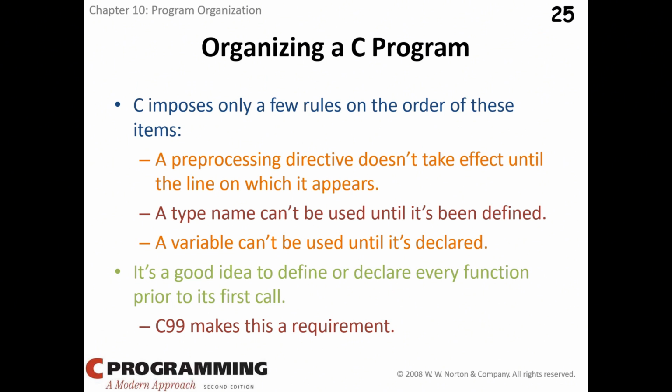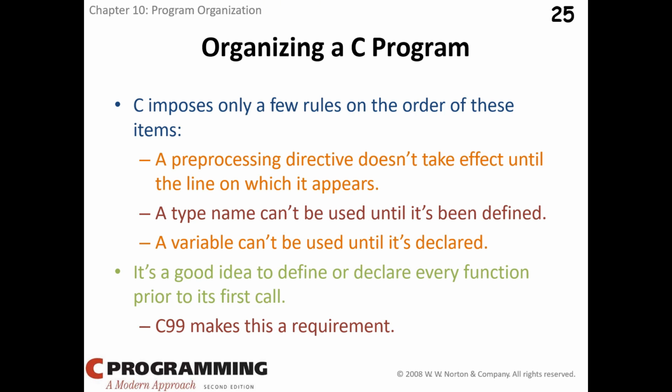Secondly, a type name cannot be used until it has been defined. If you're using a custom data type, you must define it before using it in your program. Similarly, a variable cannot be used until it has been declared. In other words, you must declare a variable before you can use it.